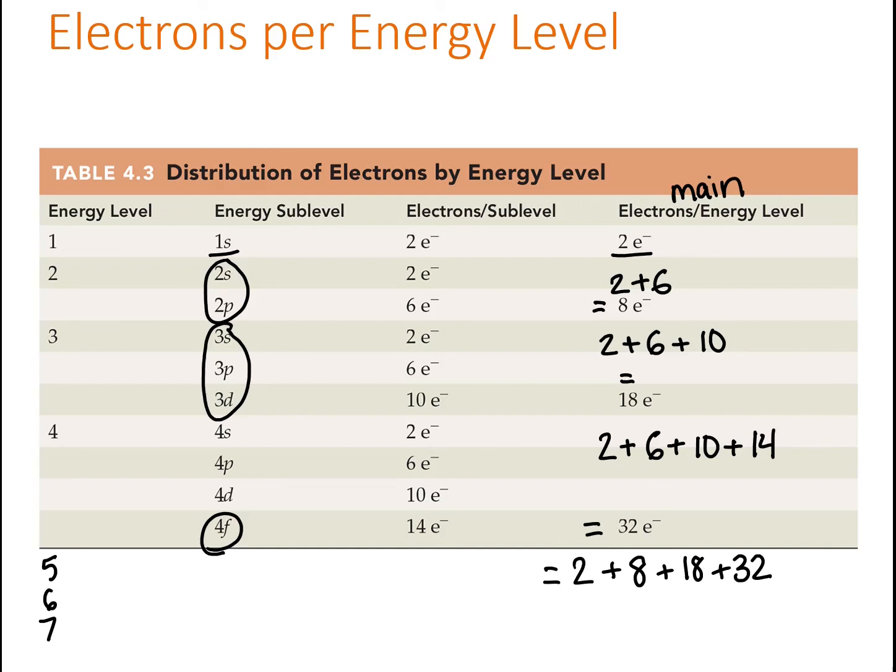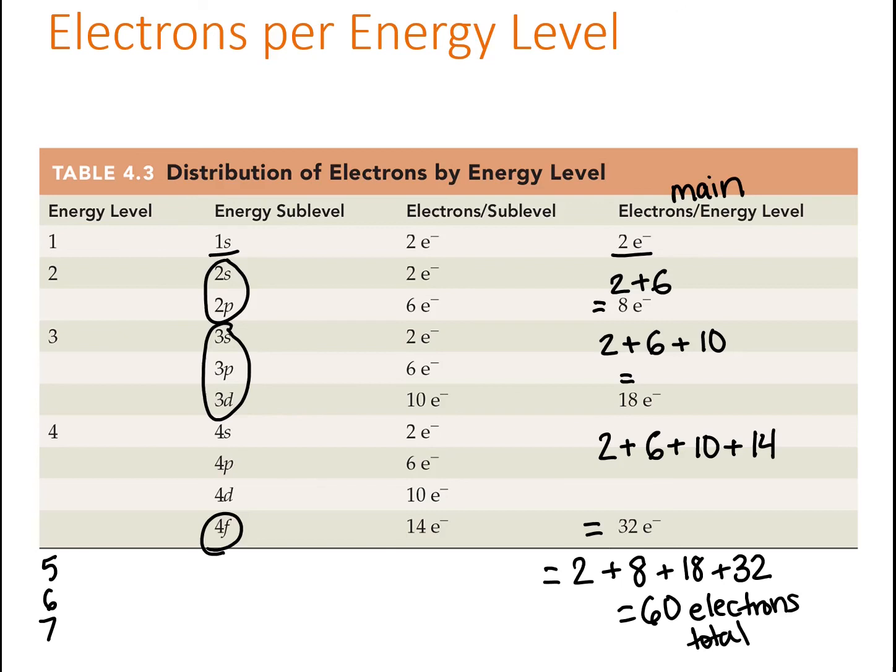And if you do that math, you would get 60. So that's what this means. The total number of electrons that you can have if you were to fill all of these energy levels completely.